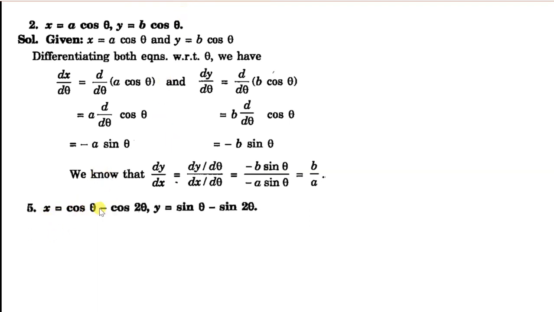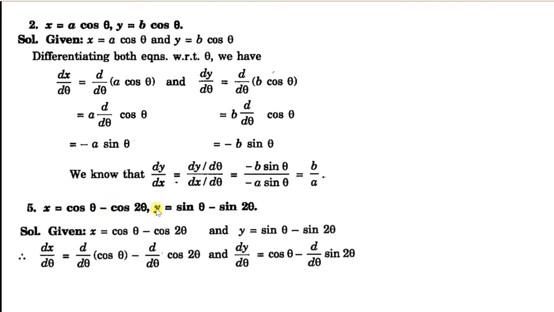Next one, x equal to cos theta minus cos 2 theta, y is equal to sin theta minus sin 2 theta. Again they are related to each other through the parameter theta. So we differentiate x and y with respect to theta. The differentiation of cos theta is minus sin theta and the differentiation of cos 2 theta is minus sin 2 theta, multiplied with the differentiation of 2 theta. We have to use the chain rule here because it is a function of theta.